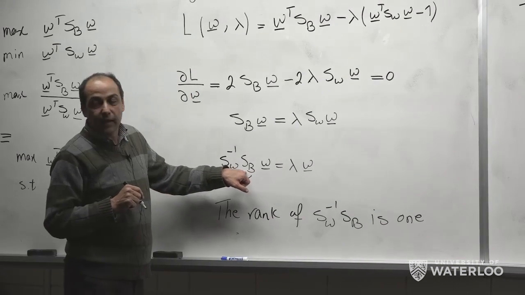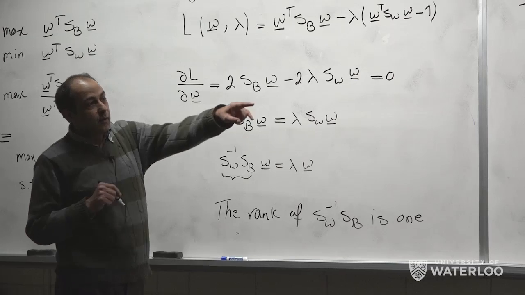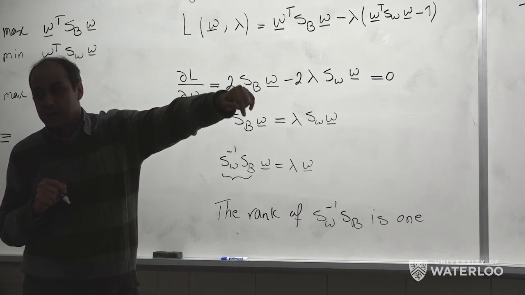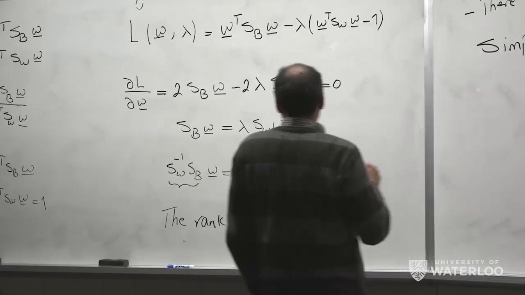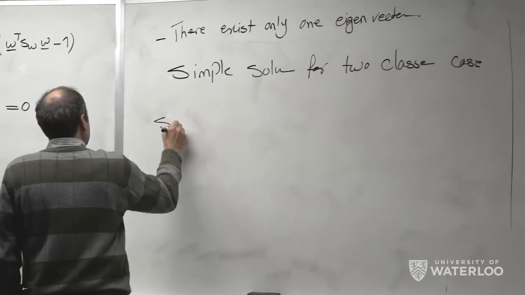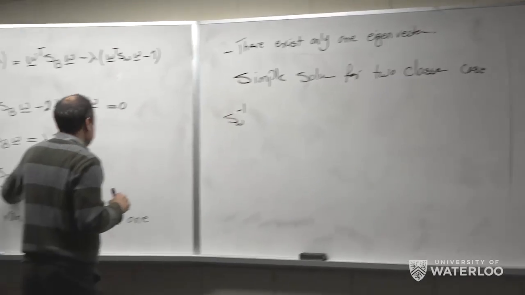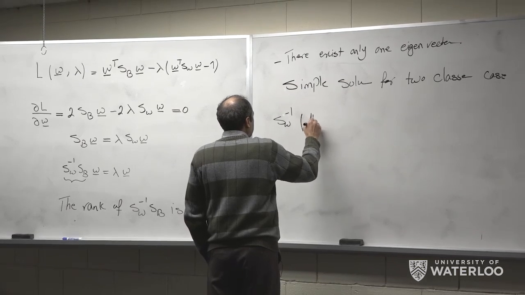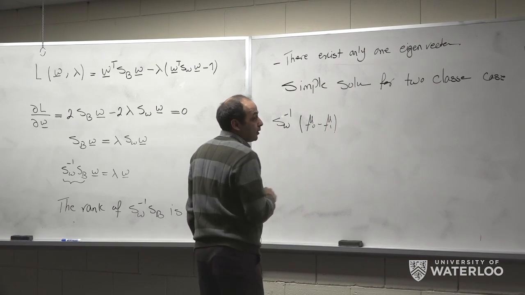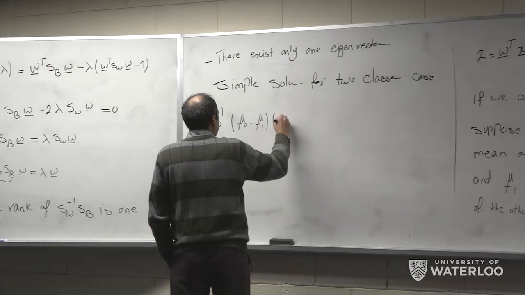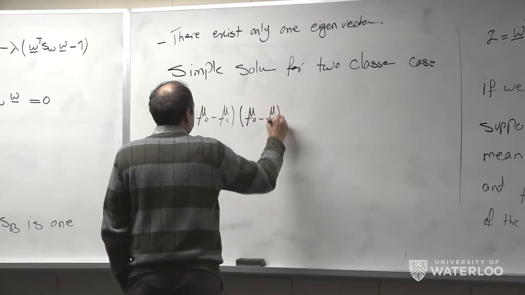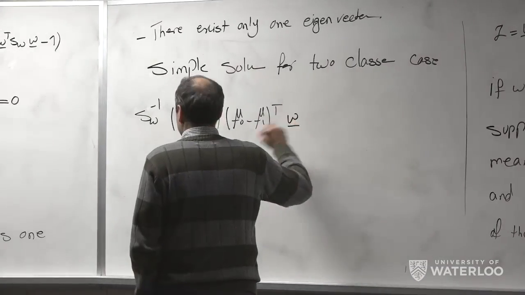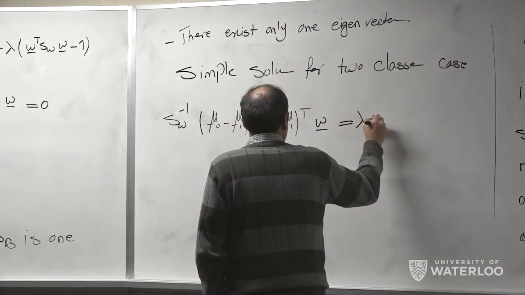Let me replace SB with mu 0 minus mu 1 times mu 0 minus mu 1 transpose. So I have SW inverse, instead of SB, I just put mu 0 minus mu 1 times mu 0 minus mu 1 transpose, W equal to lambda W.